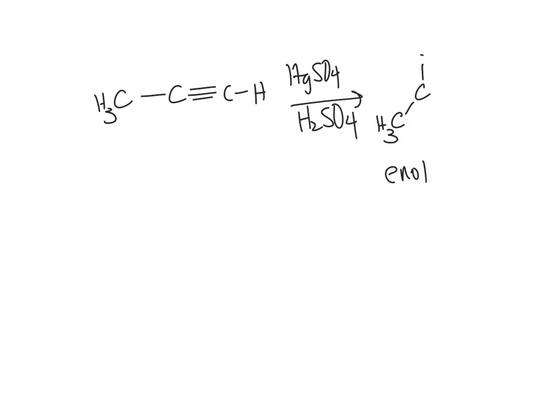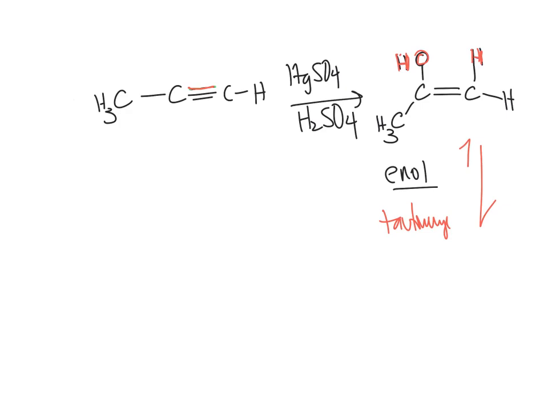And this means you're going to add water across that triple bond. This is the enol, and I expect to see the OH from the water being added to that triple bond. And then I expect to see the tautomerization.